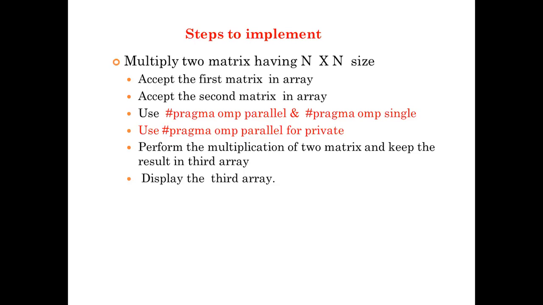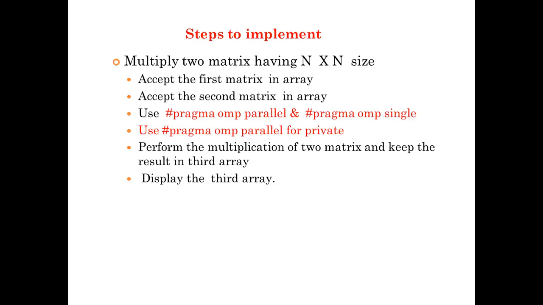Somewhere we have also used OMP single, where a single thread is used to execute the particular block of code. And somewhere we have used #pragma omp parallel for private, where each thread has its own instance of a variable.